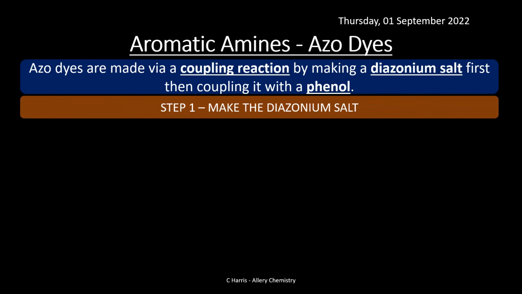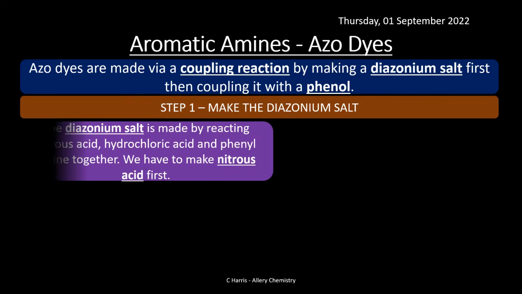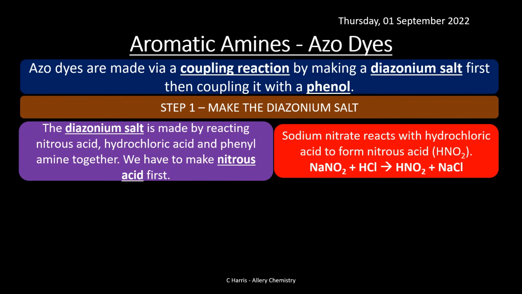So the first thing, we've got to make the diazonium salt first. Okay, so the diazonium salt is made by reacting nitrous acid, hydrochloric acid, and phenylamine all together. Okay, but what we have to do is make the nitrous acid first. Now, the problem is nitrous acid isn't very stable. Okay, it's quite an unstable compound. So the actual making of nitrous acid is all done in situ.